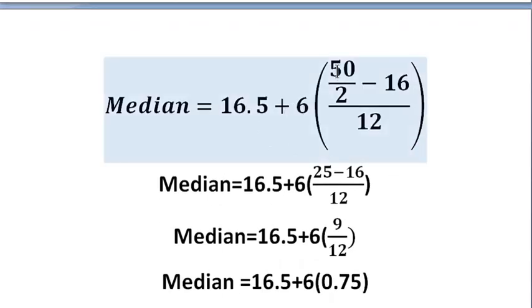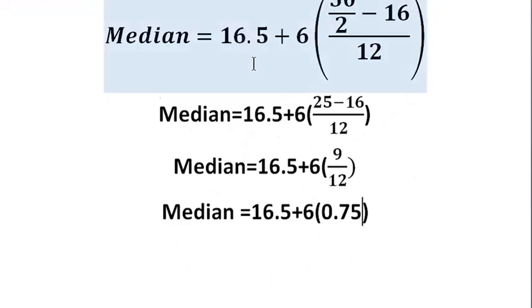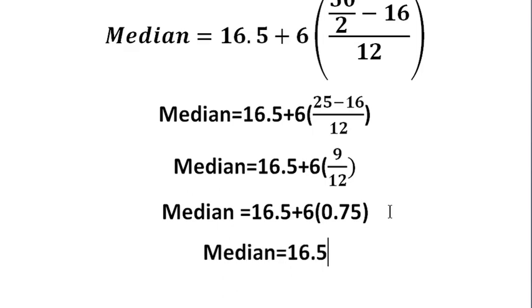So check it again. The median should be equal to 16.5 plus 6, bracket 50 over 2 is 25, minus 16, which is 9, all over 12. Okay, it's better now. Median is equal to 16.5 plus 6 multiplied by 0.75.